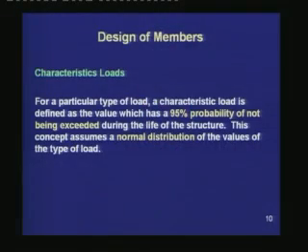Next, let us study that for a particular type of load, a characteristic load is defined as the value which has a 95% probability of not being exceeded during the life of the structure. This concept assumes a normal distribution of the values of the type of loads.